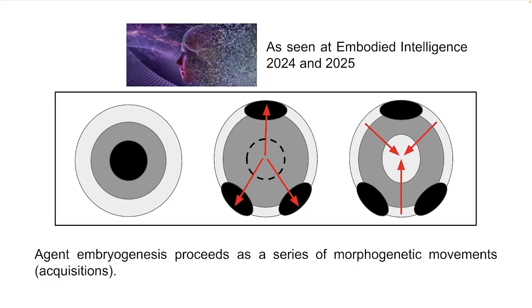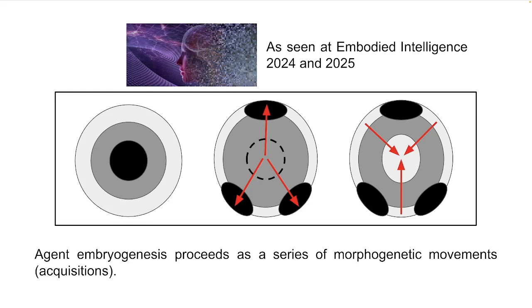So a summary of that work is that agent embryogenesis proceeds as a series of morphogenetic movements or acquisitions. This is an example where you go from this sort of triploblastic precursor to a situation where each one of these layers differentiates into different components of a vehicle.